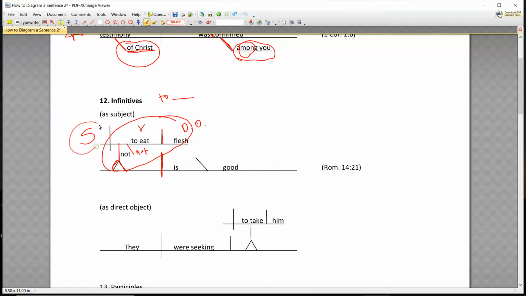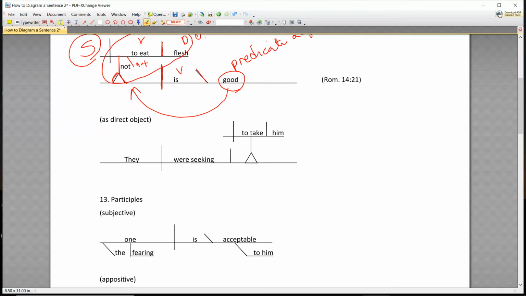So subject here, and this is verb, and predicate adjective, right? So good explains this. What is good? Not to eat flesh, right? So this is a predicate adjective. So anything that's more than one word should be lifted.